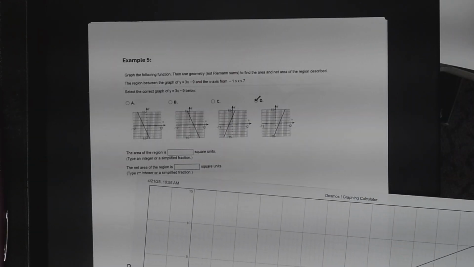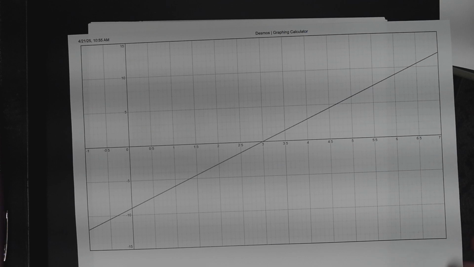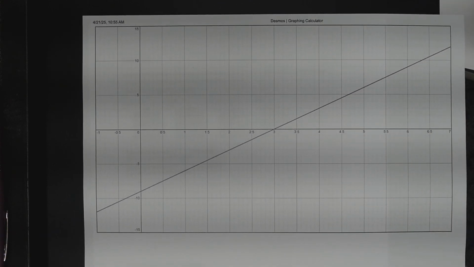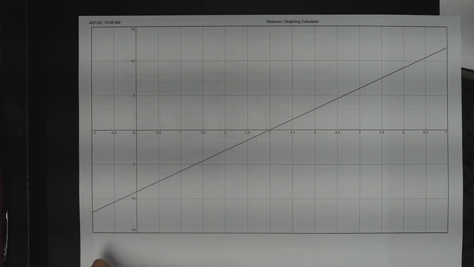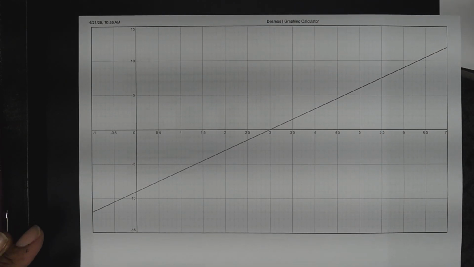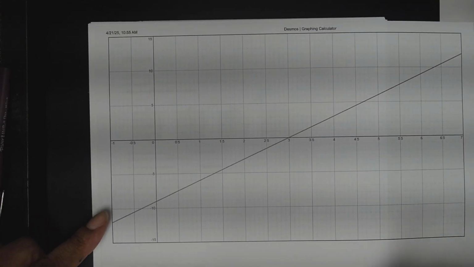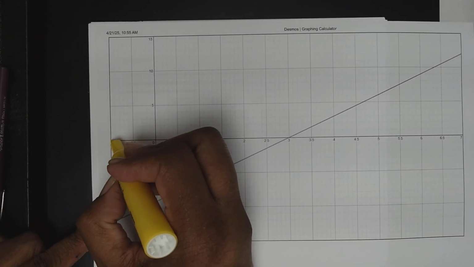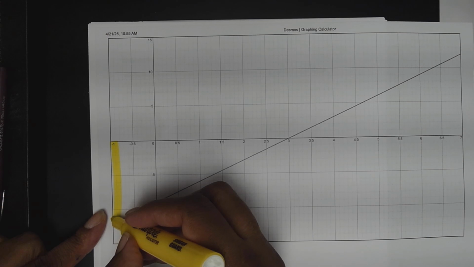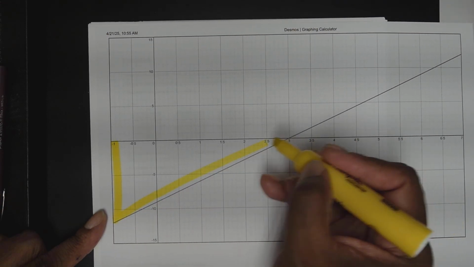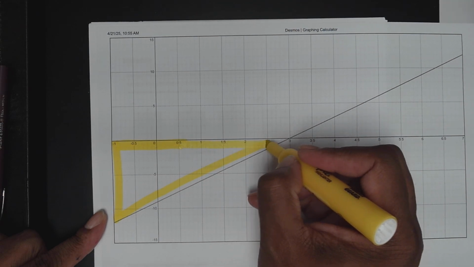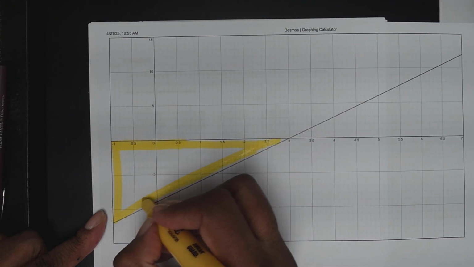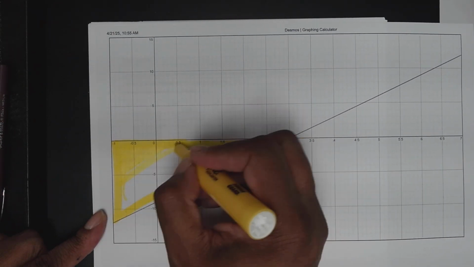Now we can find the area of the region in square units. We're bounded by the interval from -1 to 7, the x-axis, and the graph of this line. The shaded area that I'm going to be focusing on is this right here, and I'm using yellow to highlight it.